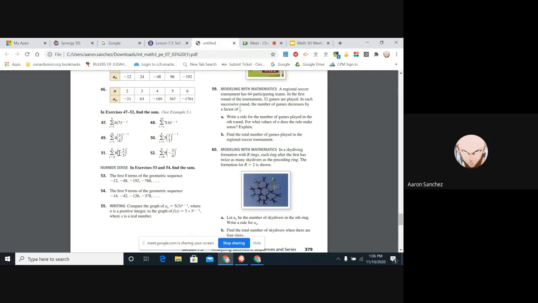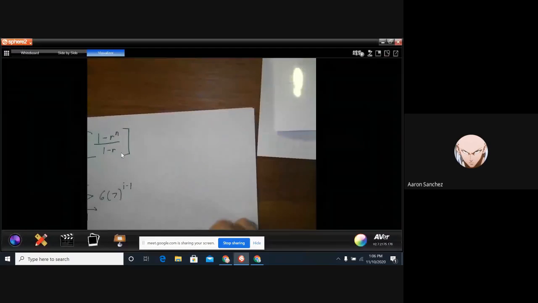If you're given a geometric sequence, let's look at 47, that tells you to add all those up: summation of I equals 1 to the 9th, 6 times 7 raised to the I minus 1. Instead of using n, they use I.